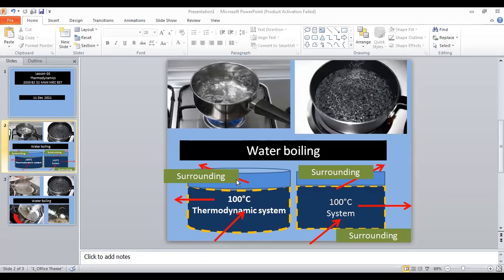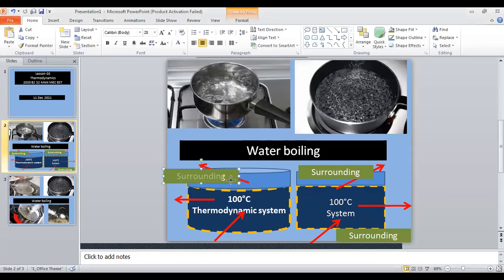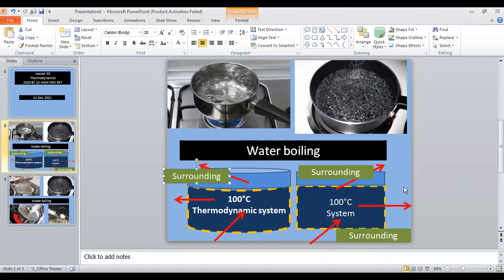Okay. Then, other than that, the point here is mass. The steam was originally in the water, but it evaporates. Means there is a mass interaction with the surrounding.